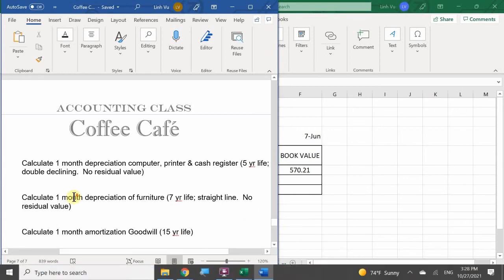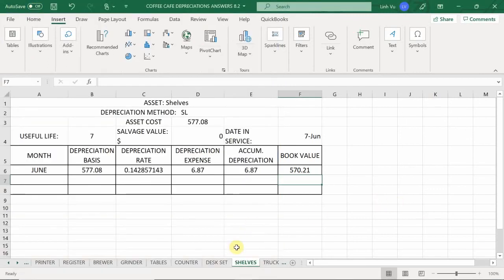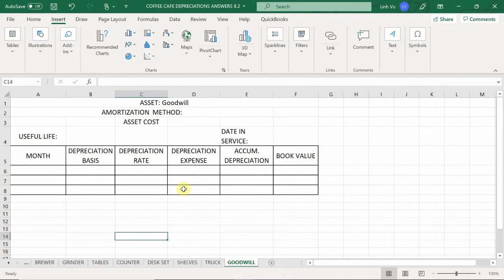Go ahead and solve it for the goodwill in the same table, and then we'll journalize it all together. This one is separate because it's amortization, of course. Amortization is going to be the last thing in here, goodwill.